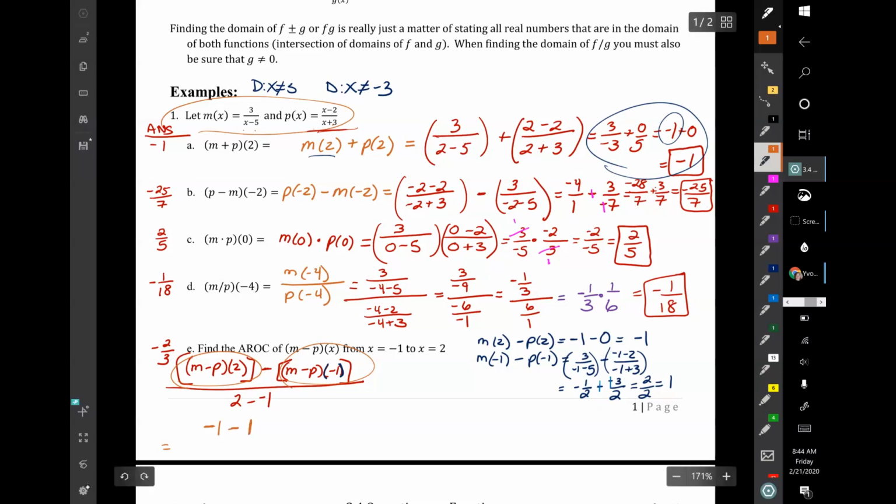So we're going -1, -1. And then this would be 3 in the top, I mean in the bottom, sorry. 2 minus -1 gives us a 3 in the denominator. So that all works out to -2/3.